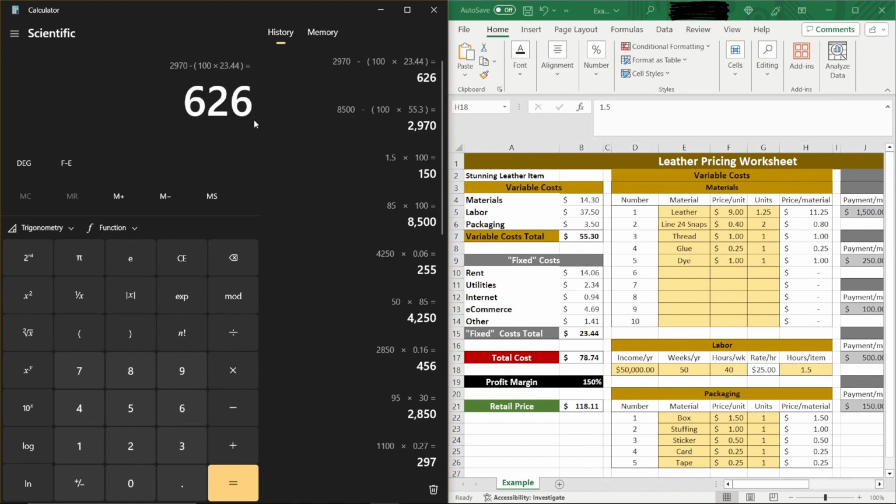Let's just say, with this $626, there is now some tool or small piece of equipment that you can purchase for your business that reduces this time to 1 hour. It saves you half an hour.